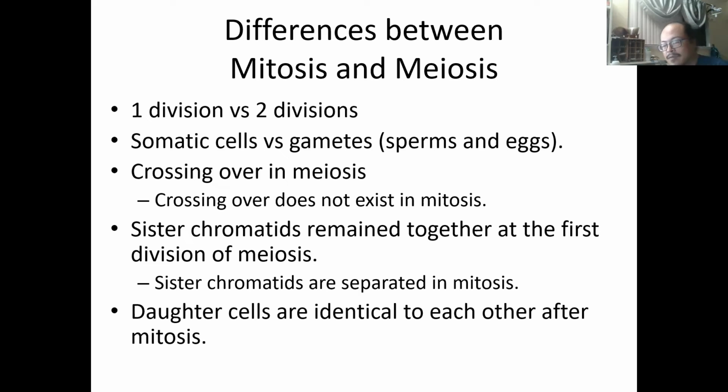That's why when sperm meets egg, it makes it full. Crossing over increases the diversity of the daughter cells. Crossing over only happens during meiosis, meaning that the gametes will be very different from each other. One of the reasons is the crossing over.